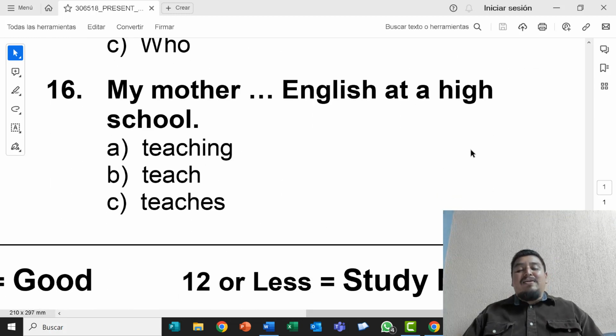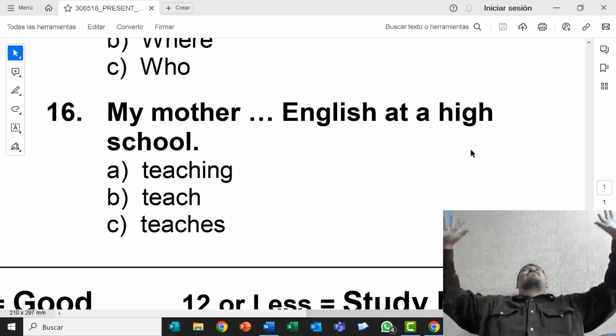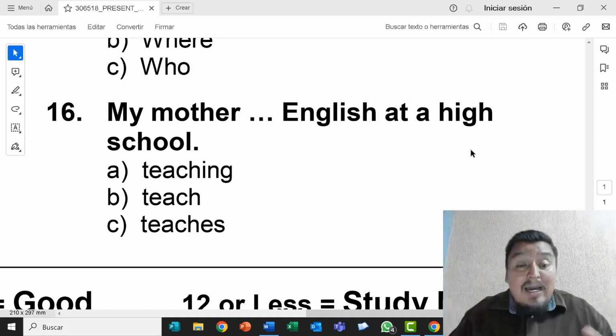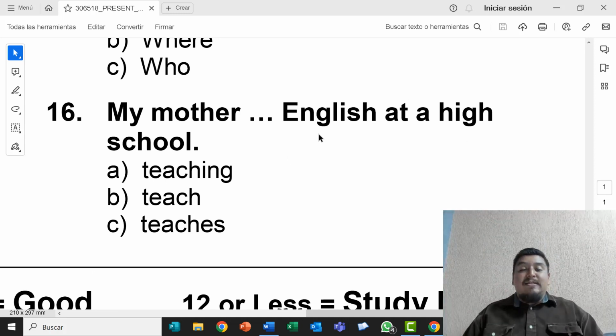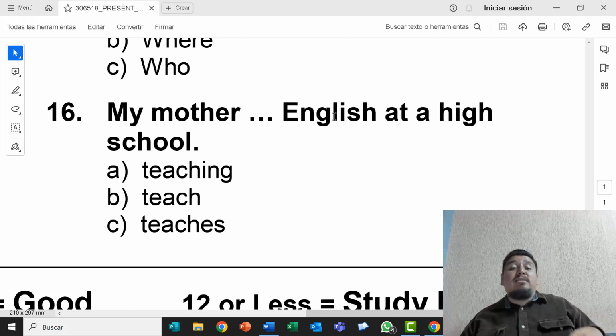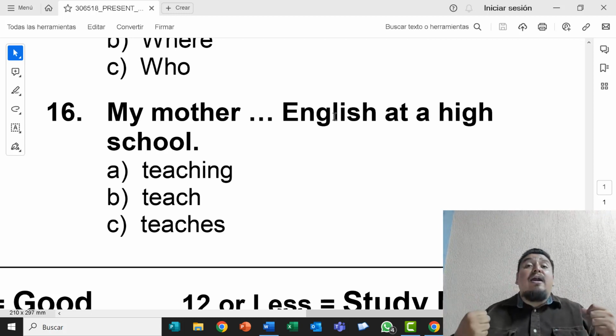And the last one, oh, finally, thanks to God. My mother is a third person and is singular, so I'm going to use verb to be is, or if the word is an action verb, I'm going to use rule number 1, 2, or 3, or if it's negative, I'm going to use doesn't, or if it is a question, I'm going to use does.